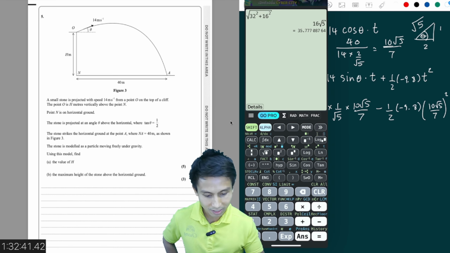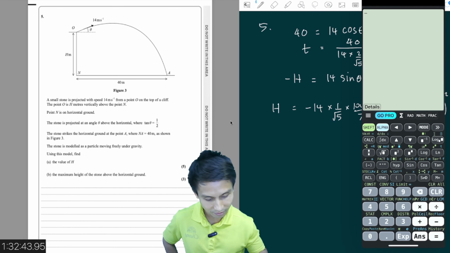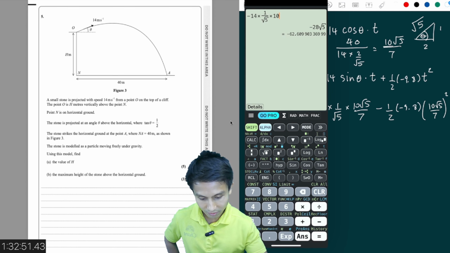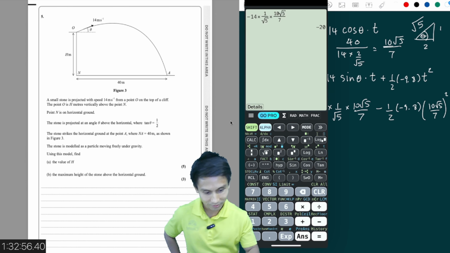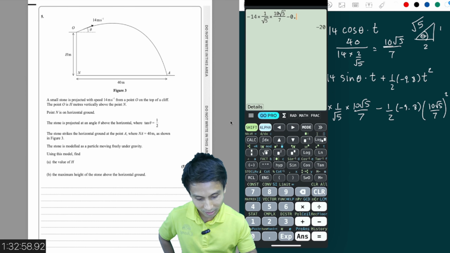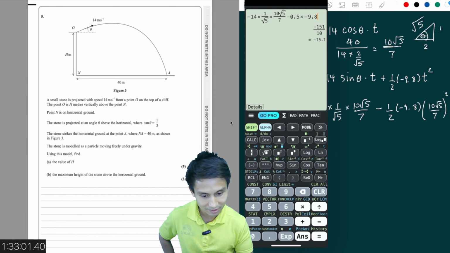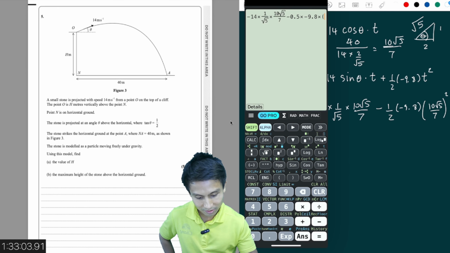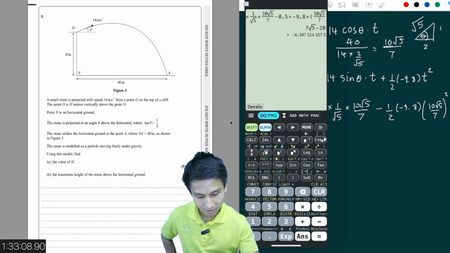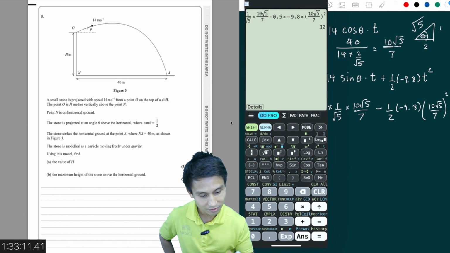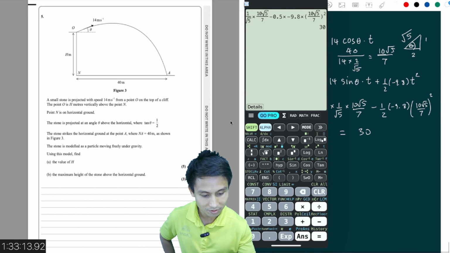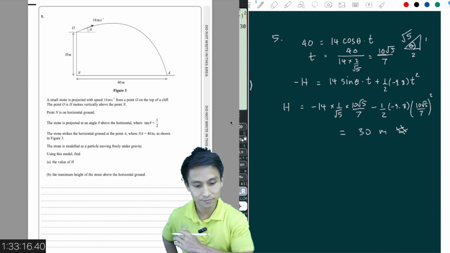We're going to put it in a calculator anyway: minus 14 times 1 over root 5 times 10 root 5 divided by 7, minus 1/2 times minus 9.8 times 10 root 5 divided by 7 squared. Oh, see? Nice number. 30 meters. There you go.